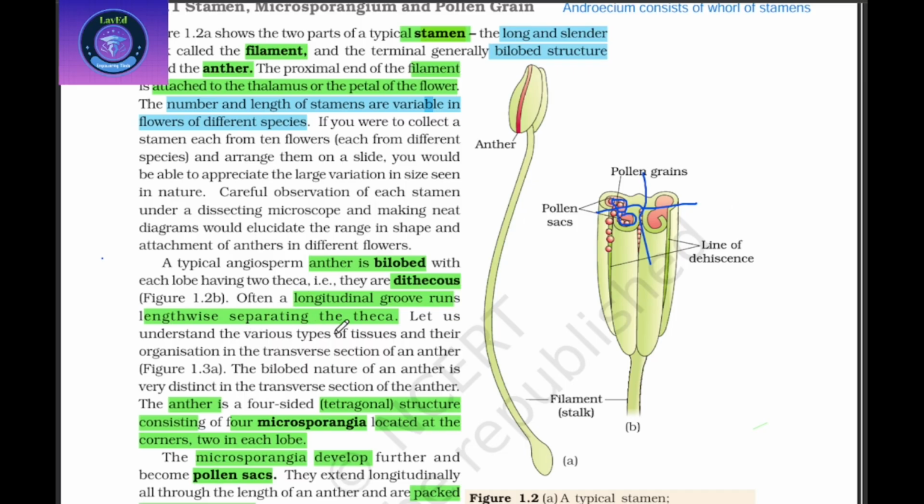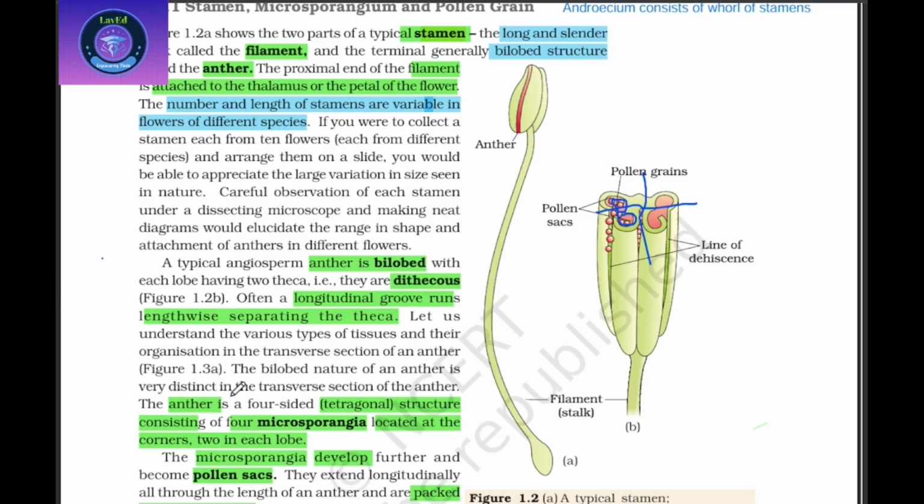Let us understand the various types of tissues and their organization in the transverse section of an anther. The bilobed nature of an anther is very distinct in the transverse section of the anther. Anther is a four-sided tetragonal structure consisting of four microsporangia. Now remember the shapes. Anther, tetragonal structure. Later we will discuss the structure of microsporangia, then the shape of pollen grains.